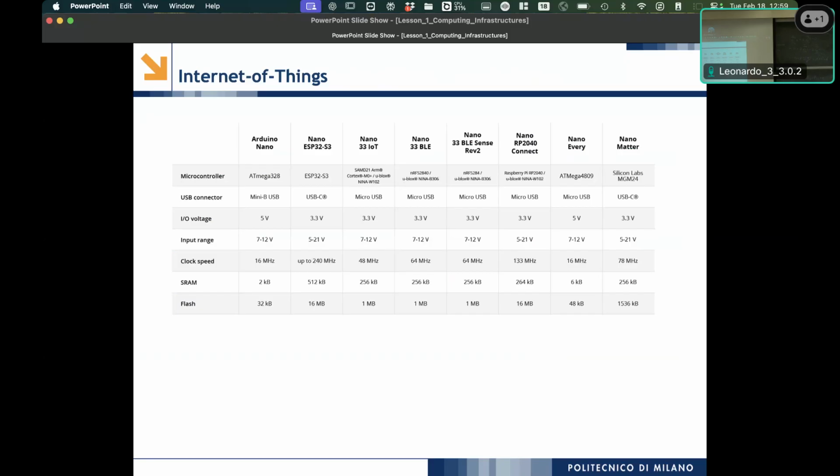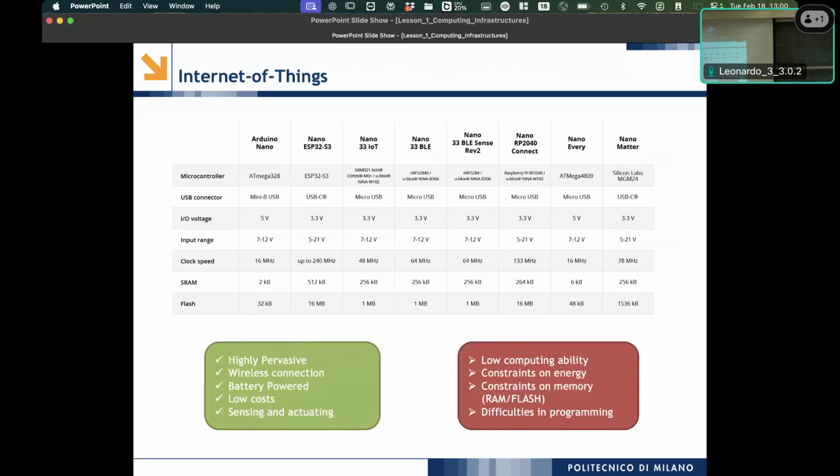You are usually low level here: C, C++, sometimes also assembler. So development is not easy, and of course these are usually proprietary. If you go to STMicroelectronics, you have their own development toolkit.